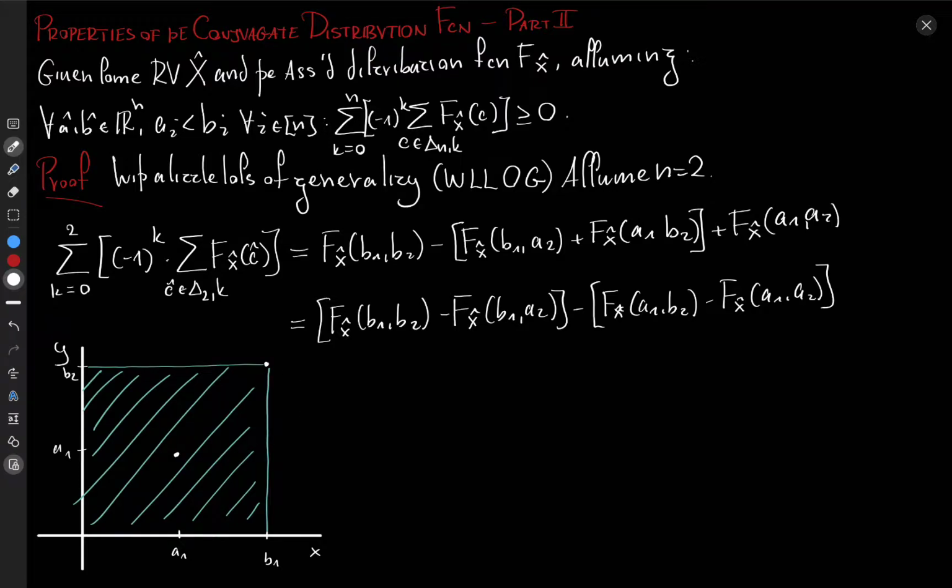Now this rectangle corresponds to the term Fx(b1, b2), and we have the Fx(b1, a2), which corresponds to this rectangle. Right, so we are left with the rectangle up here, which we can describe using Px, right, because that's the distribution associated with this distribution function, right? So we can write this as the distribution where the first coordinate is smaller than b1, meaning we are going along this axis.